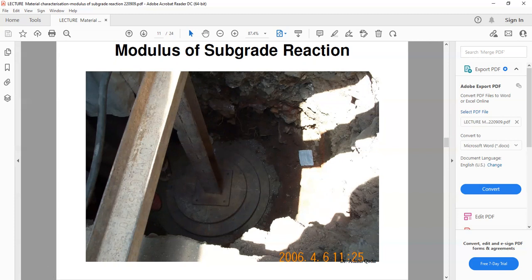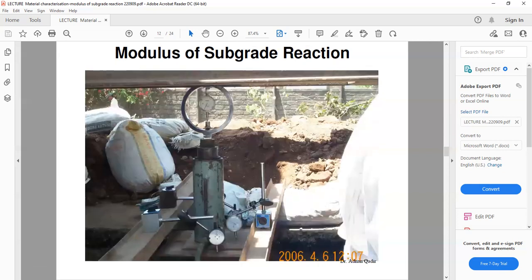From that there is a horizontal bar, and if you look at those 2 horizontal bars, there are LVDTs or dial gauges connected on the surface, and there is a reaction beam. This reaction beam can be the axle of a vehicle, and then there's a proving ring, and there's a load gauge, and there's a check.